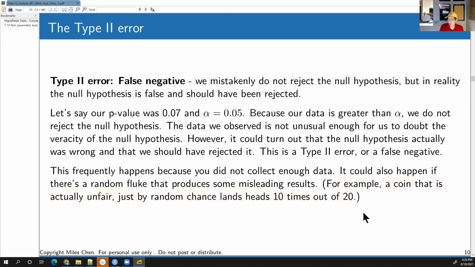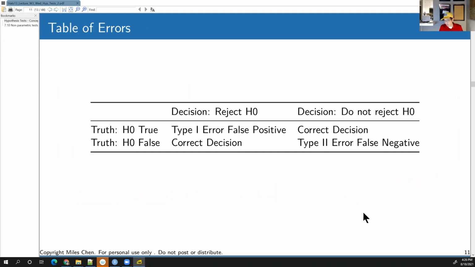All right, is that okay? So this is the table. This is what we want. We want the correct decisions. If the null hypothesis were true, what we want is our decision to be don't reject the null. And if the truth is that the null hypothesis is false, the correct decision will be to reject the null. Okay.